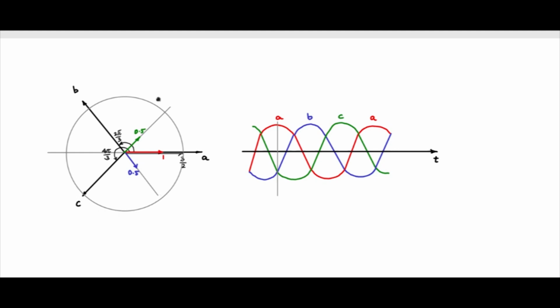So this is how it will come about. Just like the two-phase system that we saw, the alpha beta system. Now this three-phase system, we have to convert it into an alpha beta system. So you will get it into a two-phase, orthogonal system, and from the alpha beta system, let us translate it into a rotating DQ reference frame.